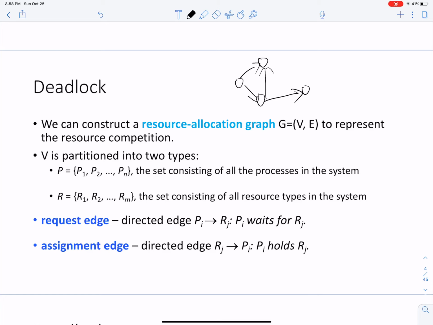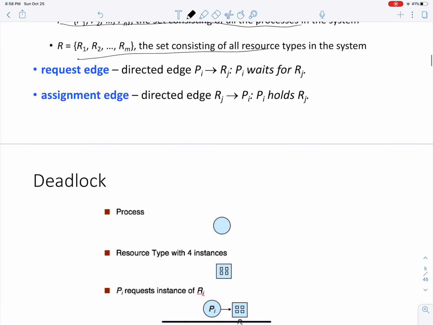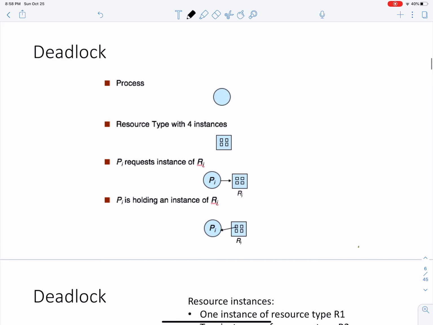When we construct the resource allocation graph, there are going to be two types of nodes. The first type consists of all the processes, whereas the second type consists of all the resources. Usually we use circles to denote a process, whereas we use rectangles to denote a resource.